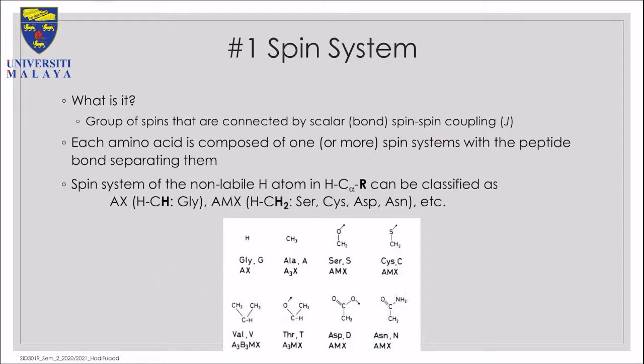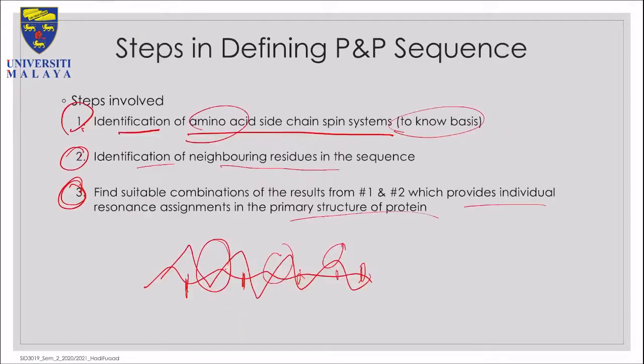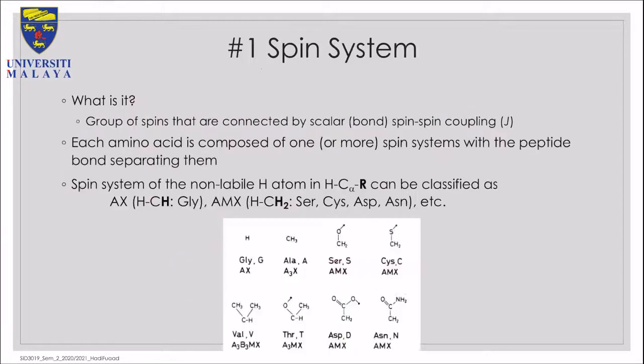All right, so the first one is identification of amino acids by looking at the spin system. So what is a spin system? It's basically a group of protons that are connected between one another. Normally your lecturer probably mentioned it's within 3 bond lengths. That is what we call scalar spin-spin coupling, or scalar coupling or J coupling.